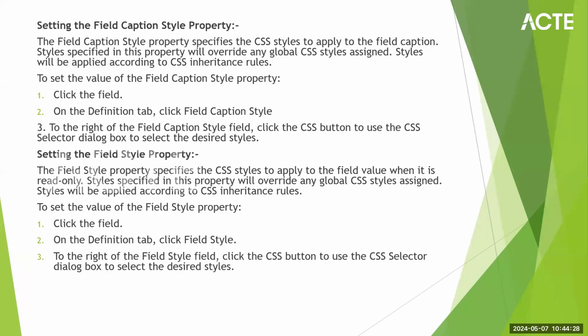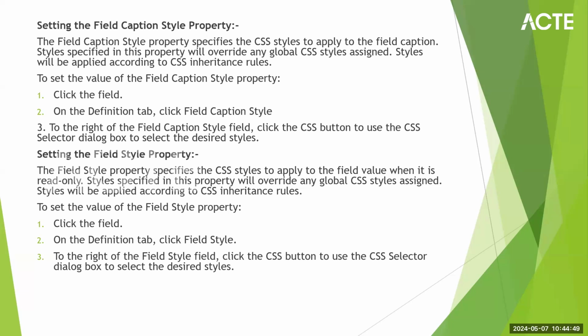Setting the field style property. Field style is not the caption, which was done previously only for the caption. Field style is for the entire value of the particular field as well. You understood, right?